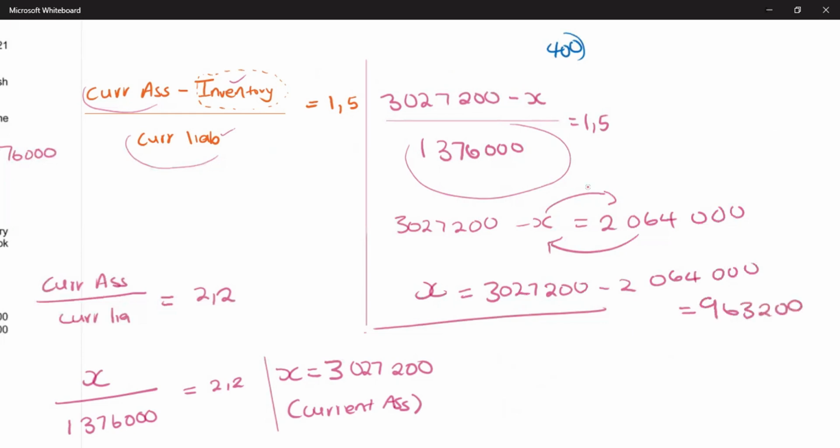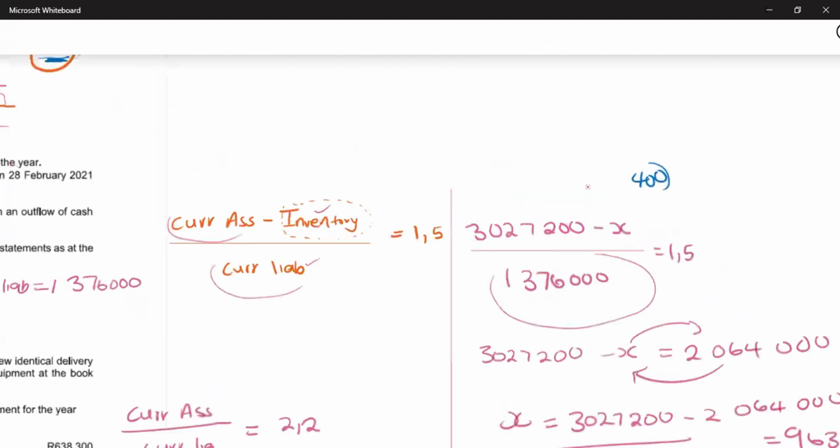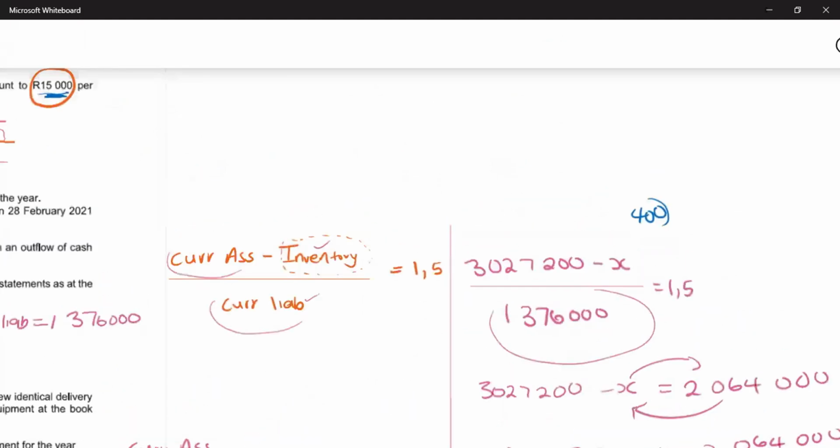Right. Now, can you see how they're integrating ratios with your cash flow? So let me just quickly draw this here. And remember, this is trading stock. Balance at the beginning. We have balance at the end.